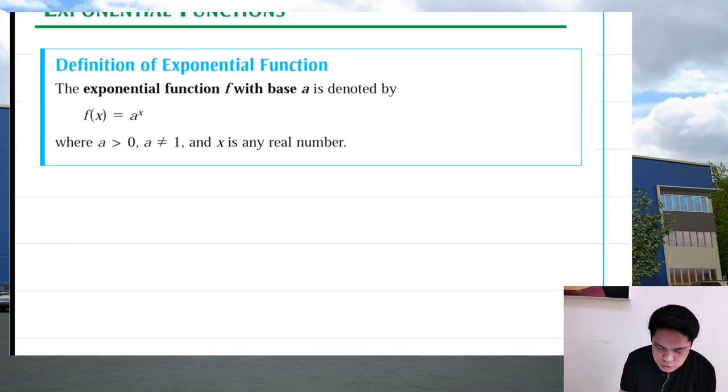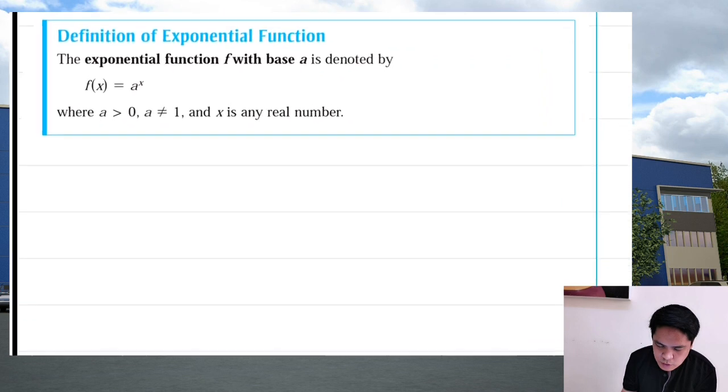Now, just to have a quick overview of how the graph of this function behaves, let us try to investigate. Tingnan natin ano ba yung behavior ng function na to. Siguro to make this more clear, let's just use the function f of x. Wait, that's too thick.